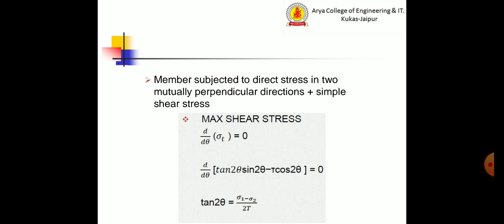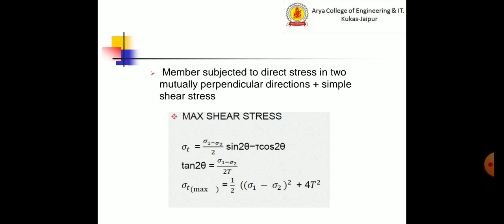Therefore tan 2 theta will be equal to (sigma 1 minus sigma 2) upon 2 tau. And the value of the maximum shear stress, sigma t maximum, will be equal to half the square root of (sigma 1 minus sigma 2) whole square plus 4 tau square.